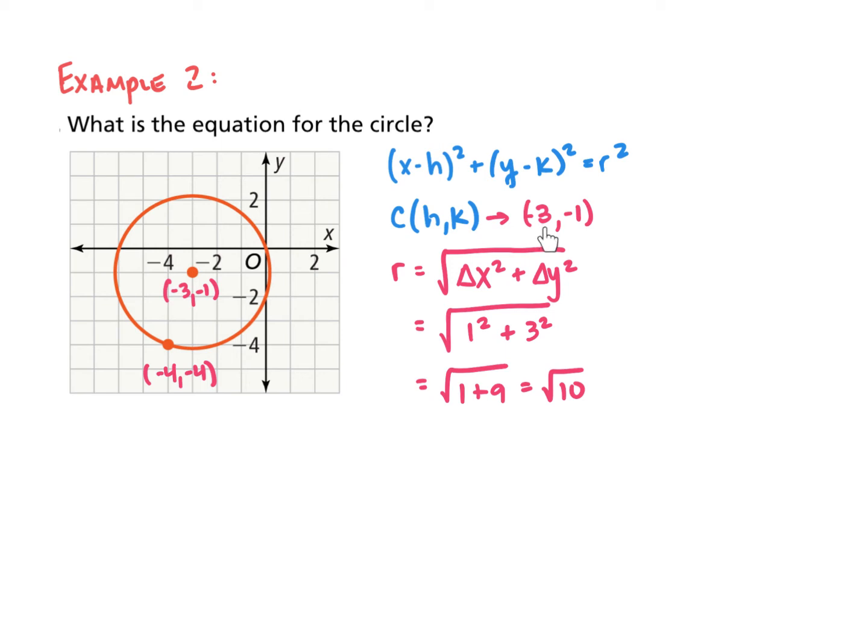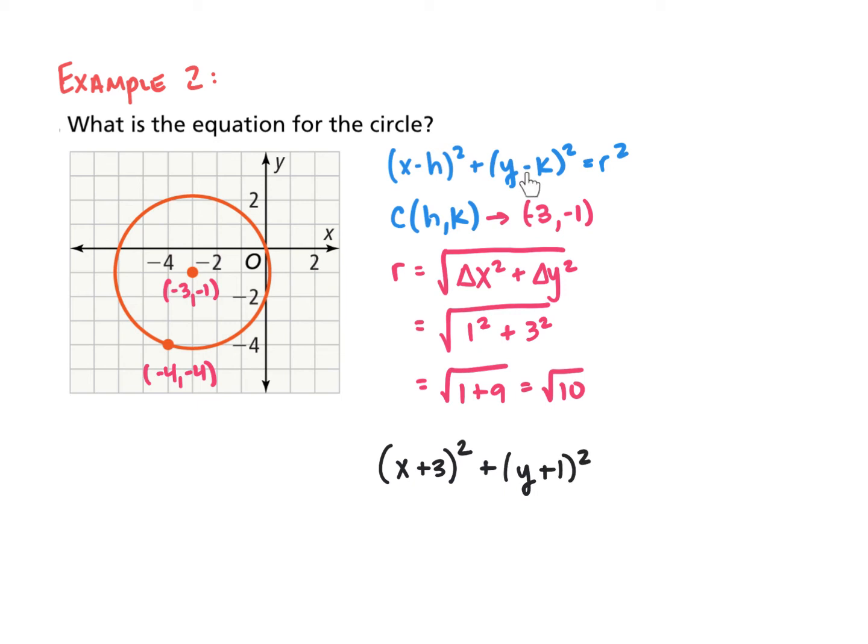I have the center coordinates and I have the radius, so I can plug numbers in for my formula. My equation will say x minus -3, which I'll write as plus 3, since this h is a negative number, and when I subtract that negative number, it becomes plus 3. So I get x plus 3 squared plus y plus 1 squared.